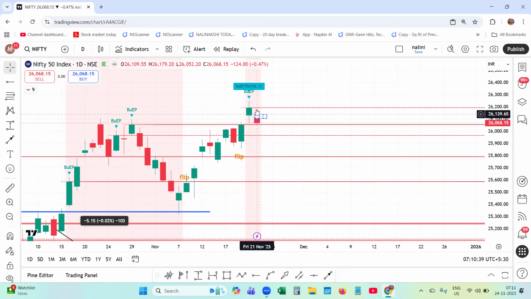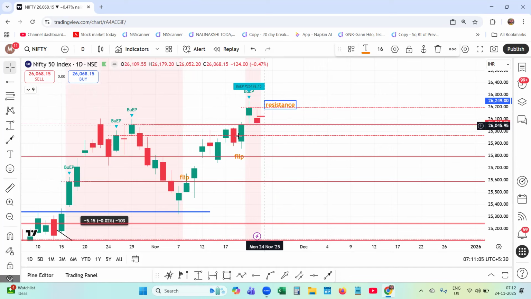You can see over here, this level is acting as the resistance at present. Let me write down the resistance. And this is at the support. Resistance broken, and it is at the support.